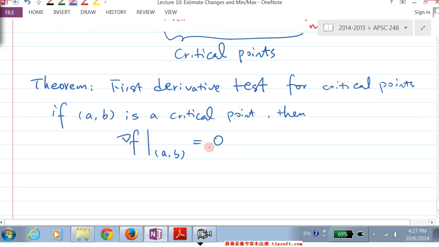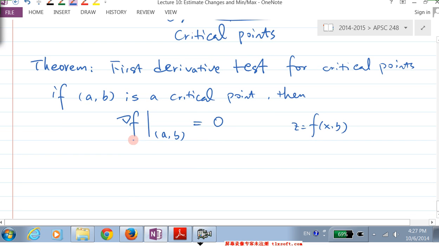And the other way around also works. If del f at AB is 0, then AB is going to be a critical point. Okay? So what does that mean then? We have a function of two variables, and expanding this expression will give us the gradient vector, meaning fx, fy at this AB location is 0, right?